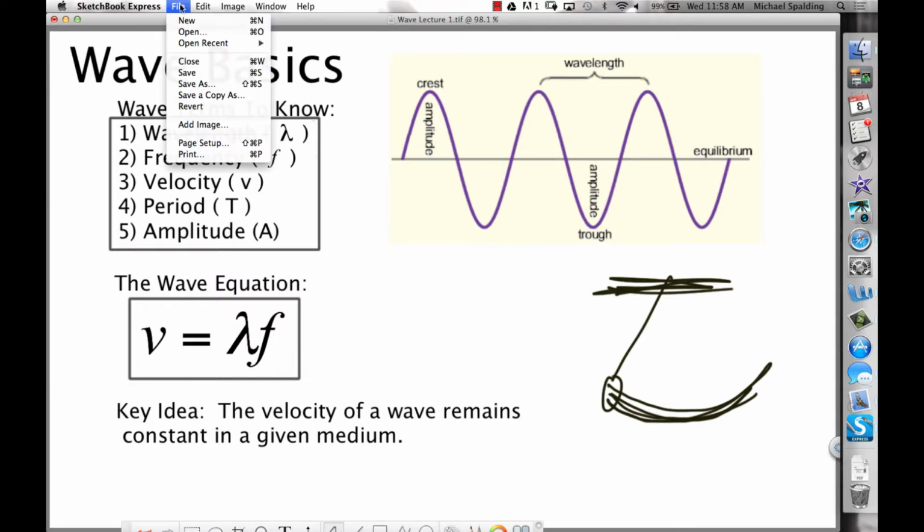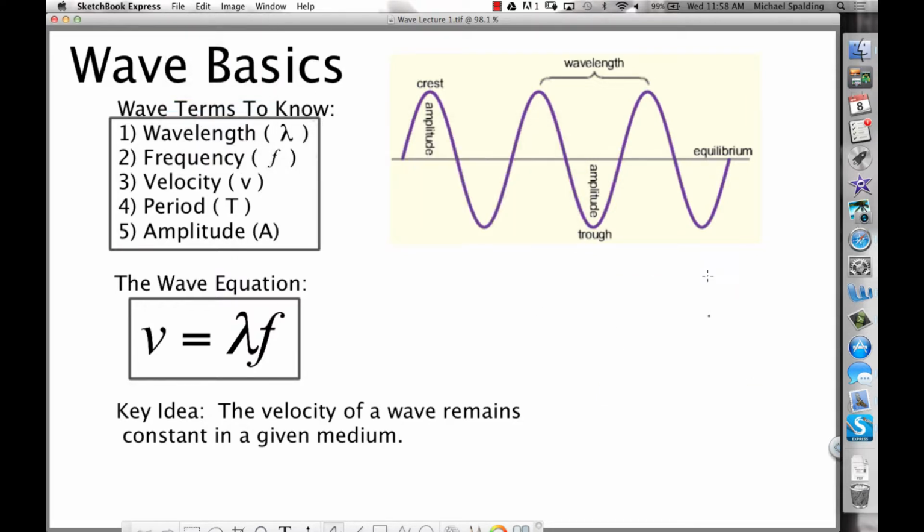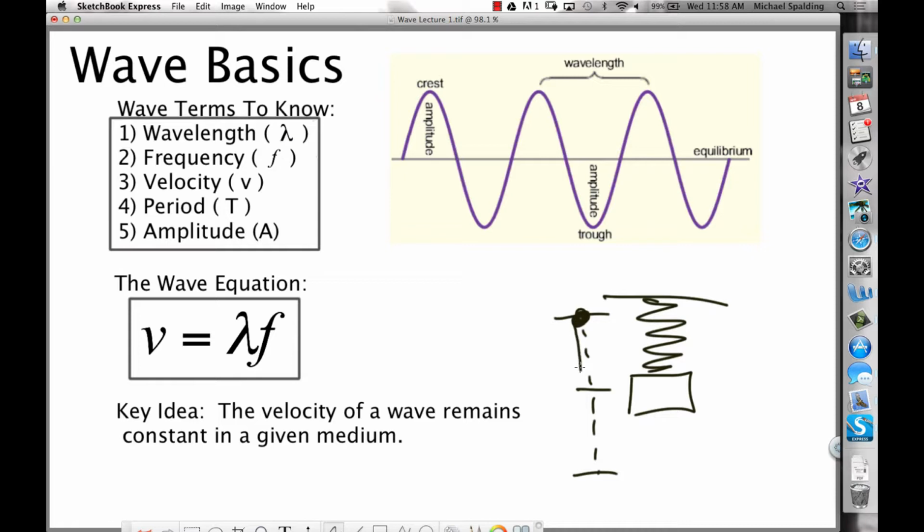What else has a period in physics? Mass on a spring. So you got a mass on a spring, you set it in motion and it goes doing, doing like this. What would be the period for mass on a spring? The time for one complete doing, doing, right? Back to where it starts from. So for waves, what do we mean by the period of a wave?